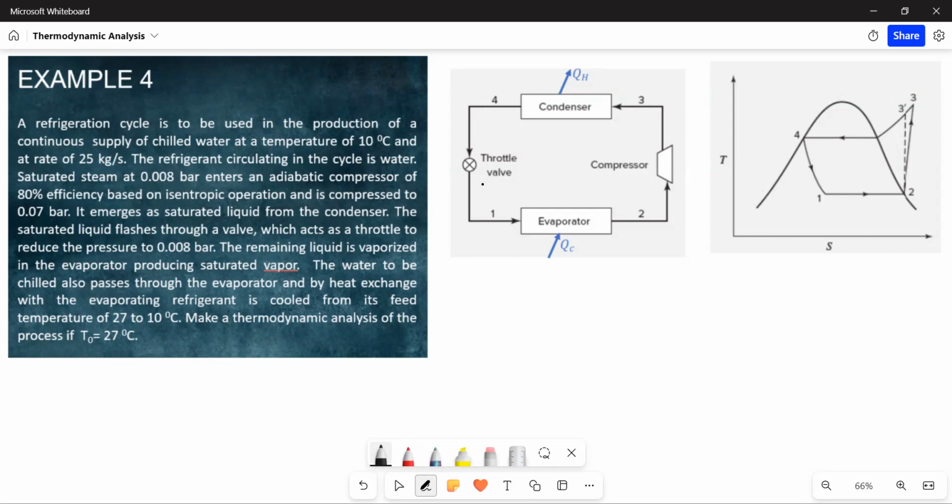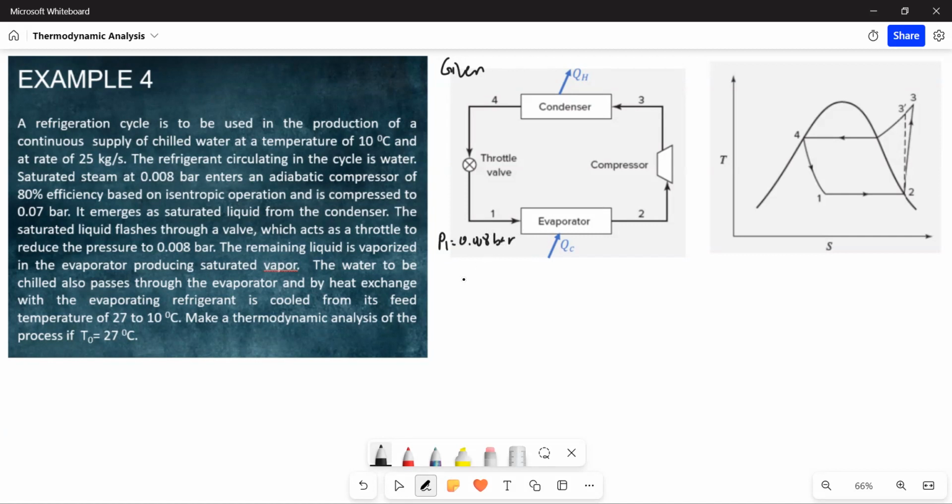Let's write the given. I will write the given on the diagram. Given, we have P1 equal to 0.008 bars.